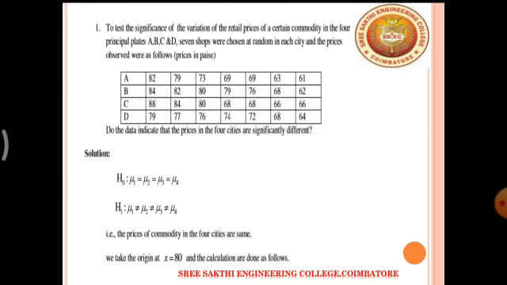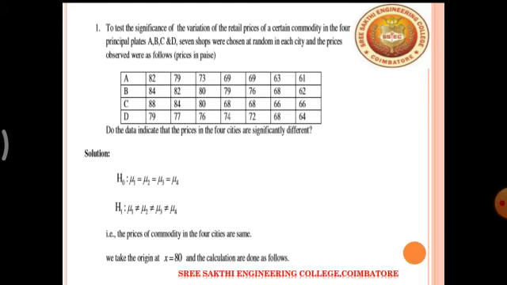To test the significance of the variance of the retail prices of a certain commodity in 4 principal cities A, B, C, D, 7 shops were chosen at random in each city, and the prices observed were as follows, in paisa. We have 4 cities, that is A, B, C, D, and corresponding to them are 7 different prices.